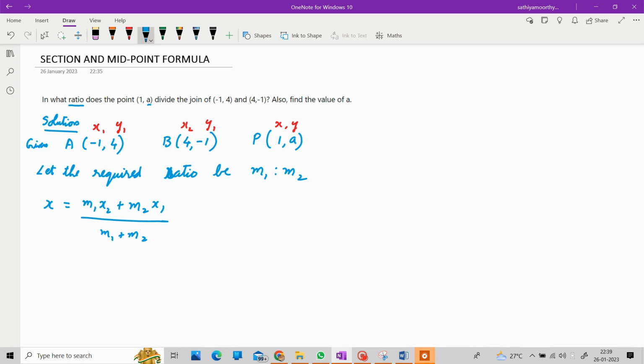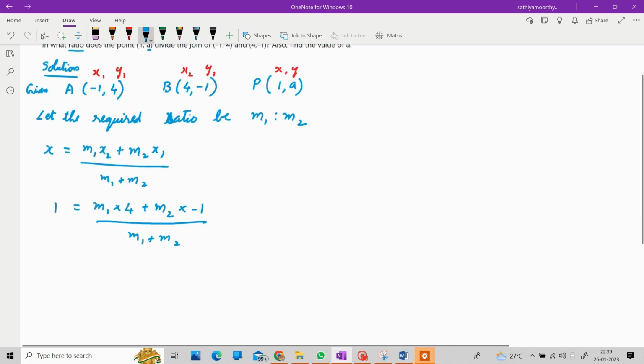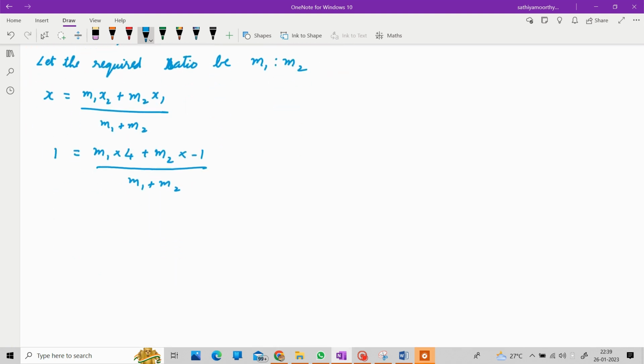The x value is 1, which is equal to m1, I have to find out, x2 is 4, plus m2, x1 is minus 1, divided by m1 plus m2. Now cross multiplying, I get 1 into m1 plus m2 is m1 plus m2, which is equal to 4m1 minus m2.